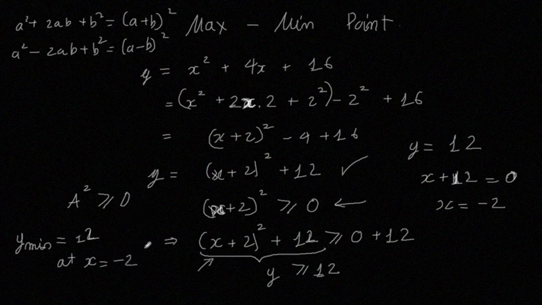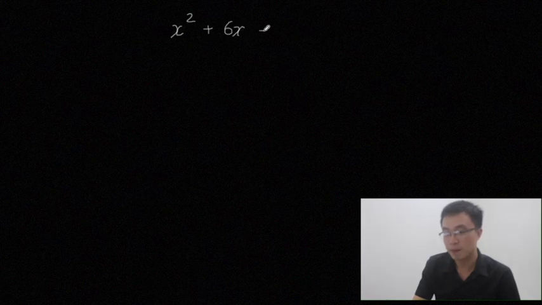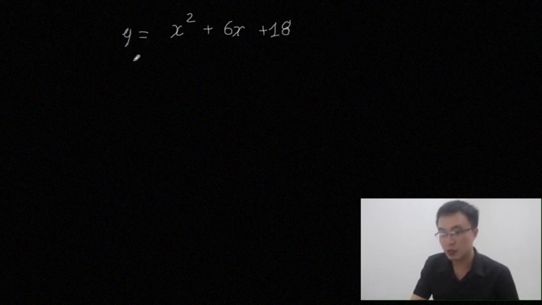Okay, that is how you can use completing the square to find the maximum or minimum point in the quadratic equation. And we continue to practice with the second one like this. Plus 18, and you put it as y.